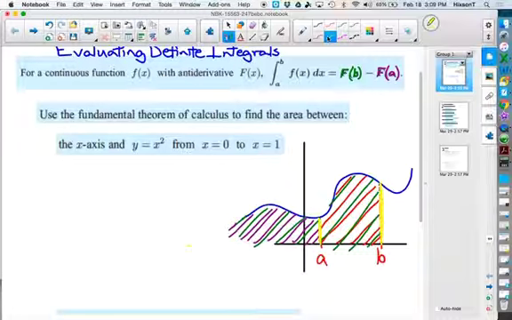Now, does anyone remember when we did this before with statistics? The normal curve? Well, the normal was a frequency distribution. What did we do with the normal curve?